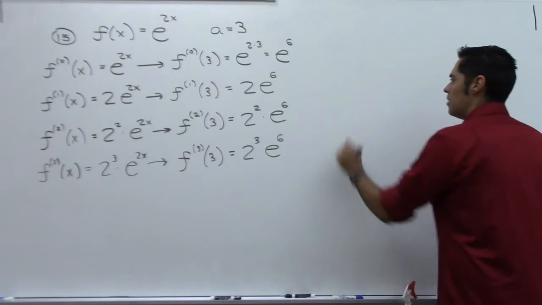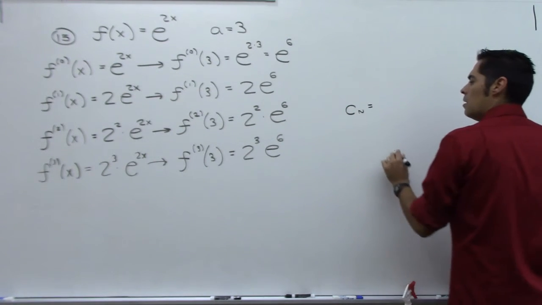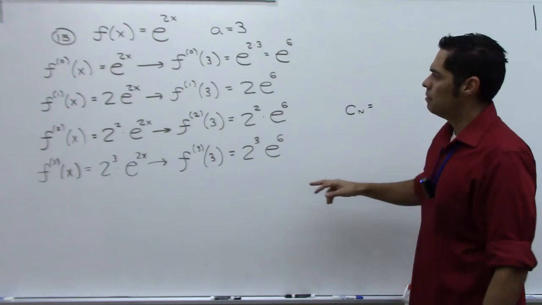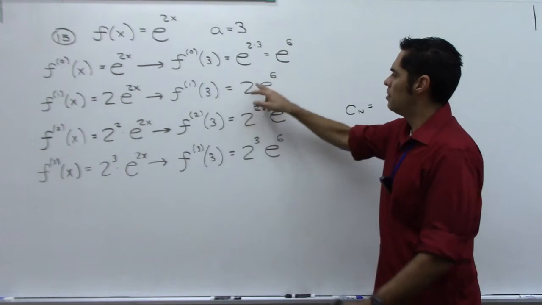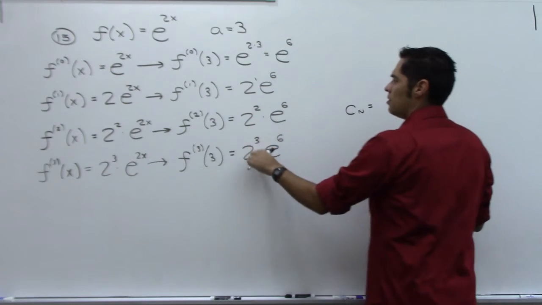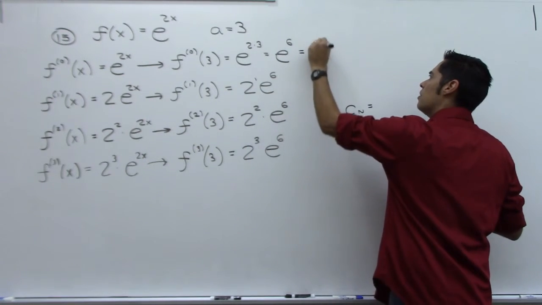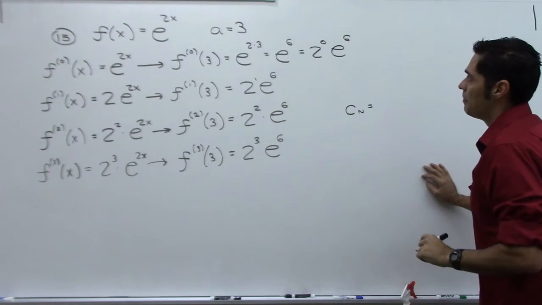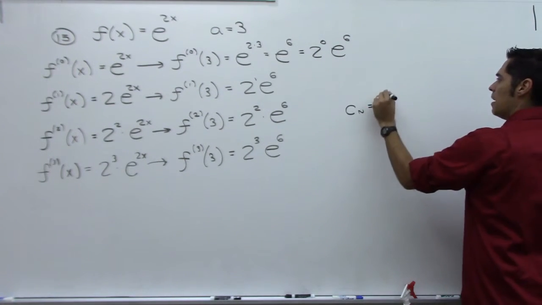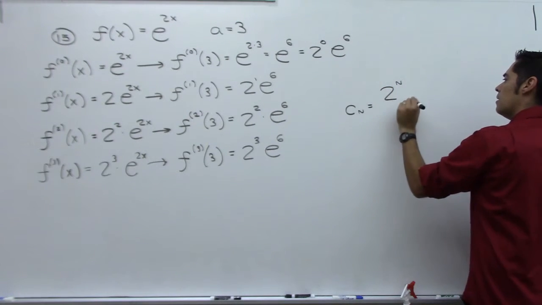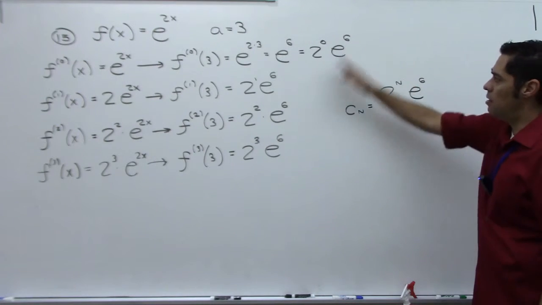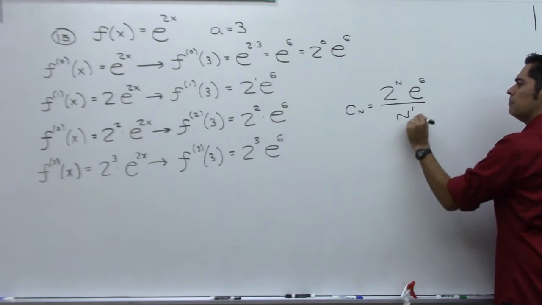So it looks like my c sub n's are going to be, let's see, on the first one, well, here this is 2 to the first, this is 2 to the second, 2 cubed, but this one right here I could write as 2 to the 0, e to the 6th, right? So it looks like my c sub n is going to be 2 to the n, e to the 6th, that never changes in all of them, over n factorial.